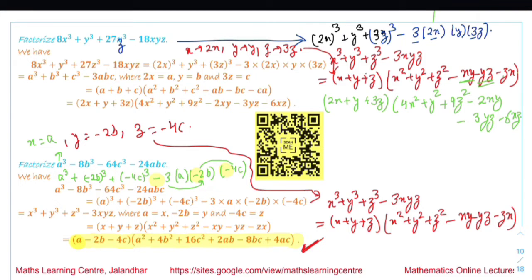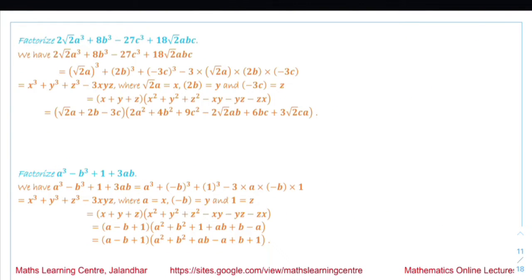Now in the next question, it is 2 root 2a cube plus 8b cube minus 27c cube plus 18 root 2abc. Now we have seen earlier also that this 2 root 2 we can write as square root 2 cube.